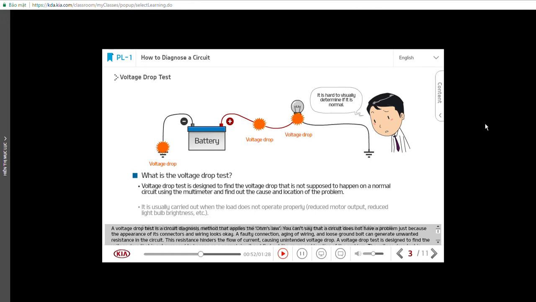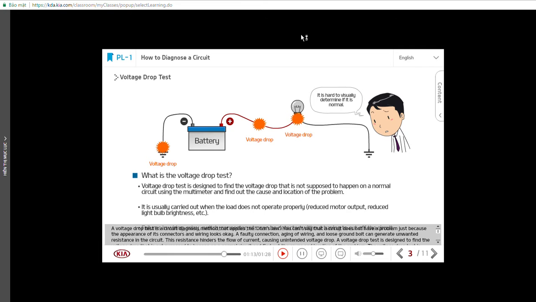This resistance hinders the flow of current, causing unintended voltage drop. A voltage drop test is designed to find the voltage drop that is not supposed to happen on a normal circuit and find out the cause and location of the problem.